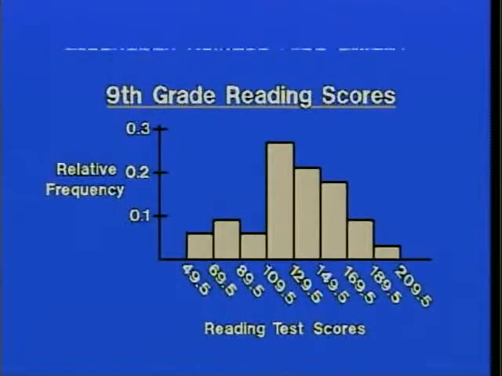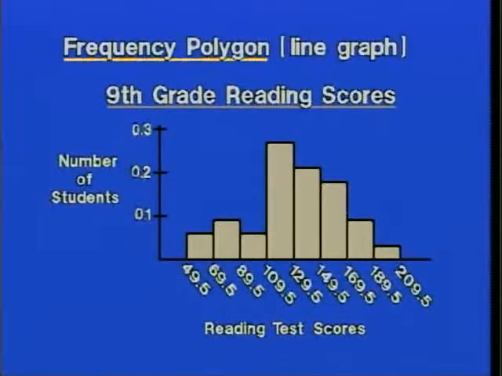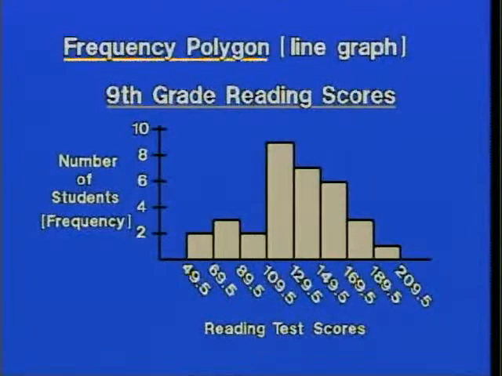All right, now we want to talk about a frequency polygon. The frequency polygon comes from the frequency histogram. And so let's go back to our previous labeling of number of students, and we know that number of students is just frequency. So a frequency polygon just comes from this kind of histogram, and it's rather easy to structure.